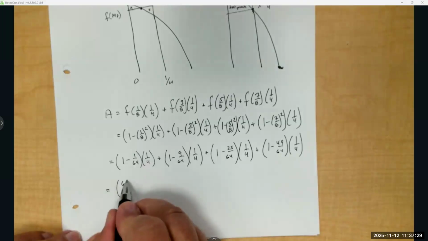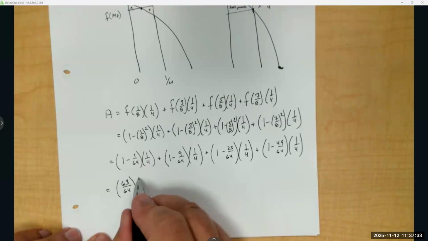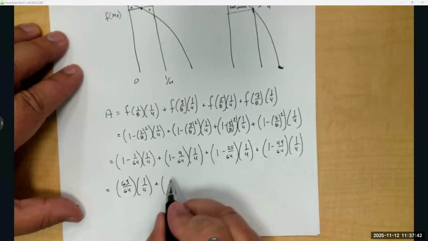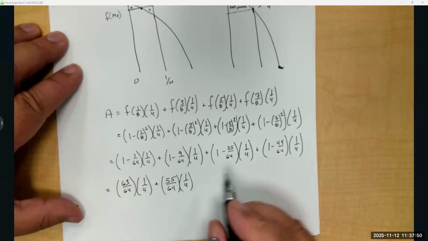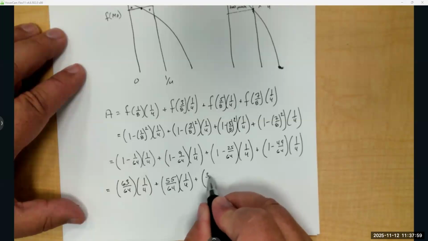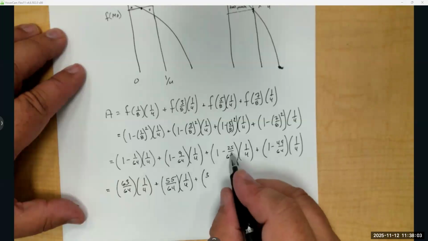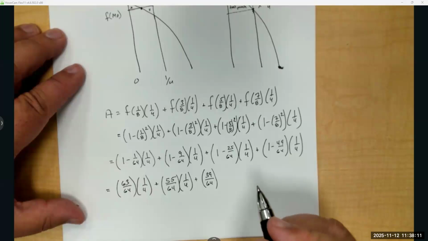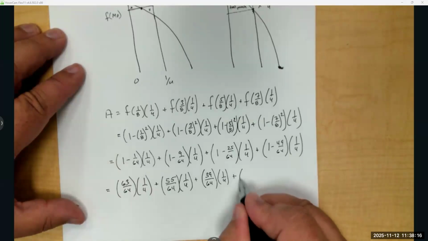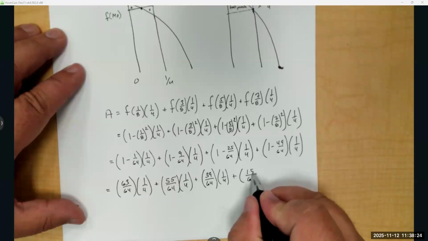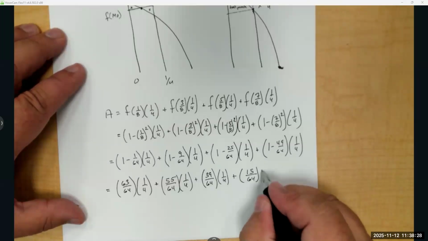So 64 minus 1 is 63 over 64. 64 minus 9 is 55. 64 minus 25 is 39 over 64 times 1/4. And then 64 minus 49 is 15 over 64.